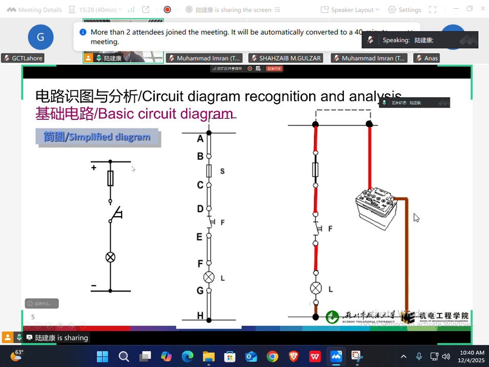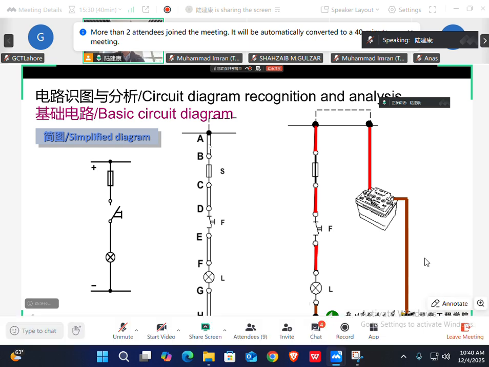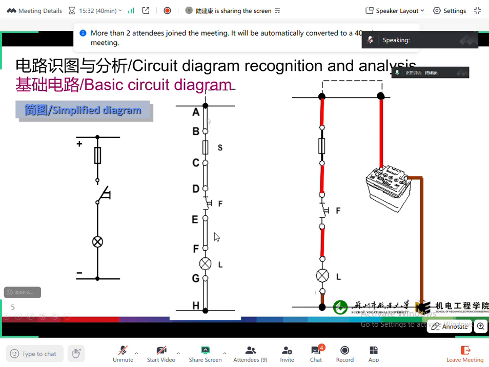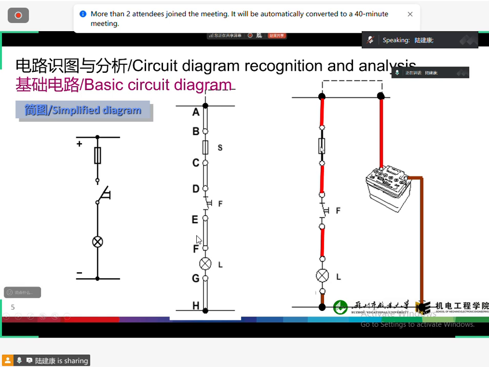The difference is between the wire. You can see here the wire, this is slim and this is a little bit thicker. And in some vehicle circuit diagrams, they may use this kind of diagram. The red lines mean the wire, and this means battery, lamp, and the fuse.